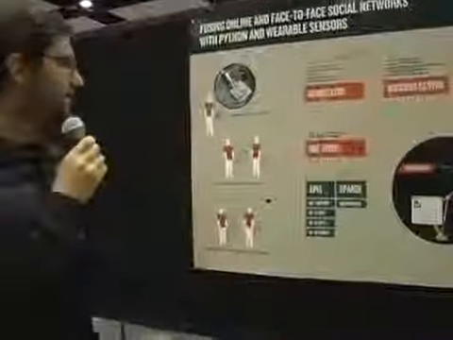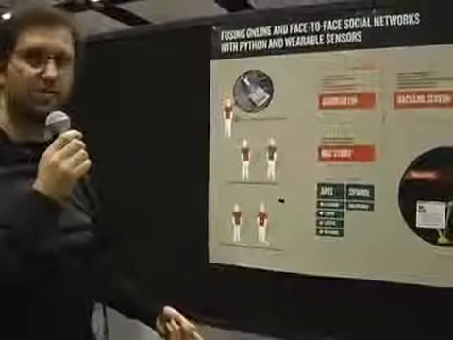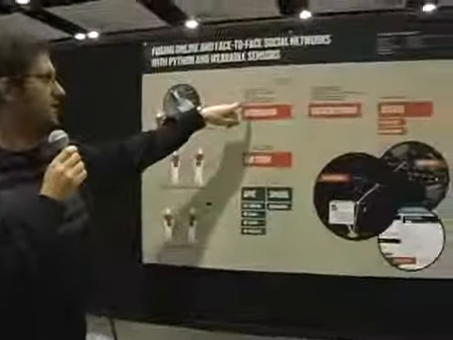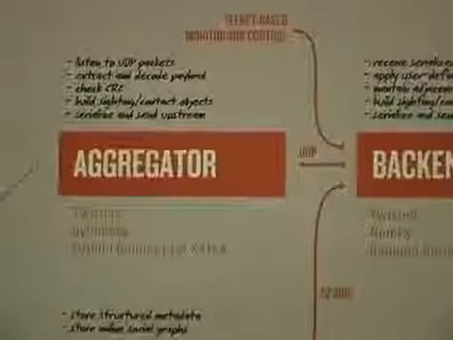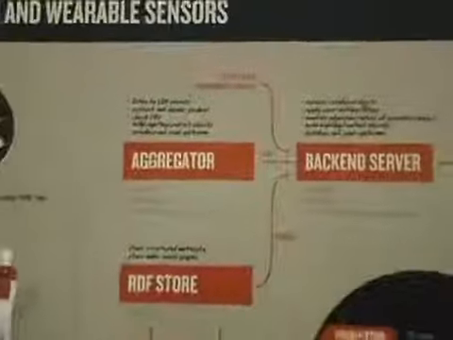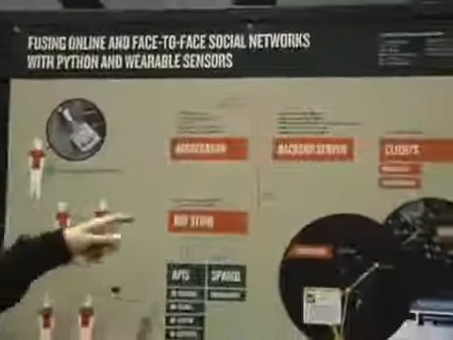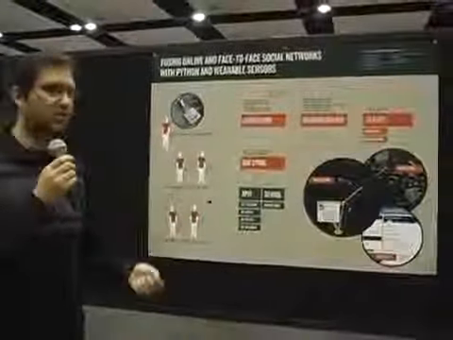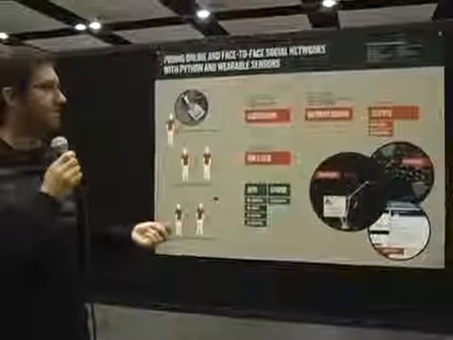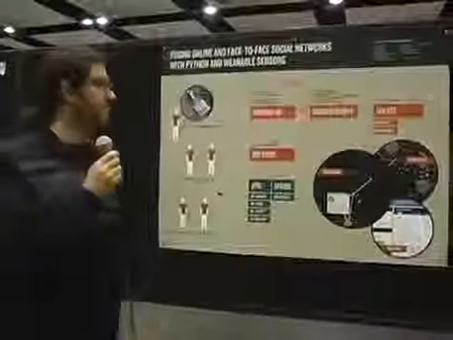If the sensor is just reporting its presence at the conference, we produce a sighting object. If the sensor is reporting a contact with other sensors, we produce a contact object. All these objects are serialized and sent to the backend server, and the backend server is responsible for keeping information about the current status of the contact network using a graph representation.